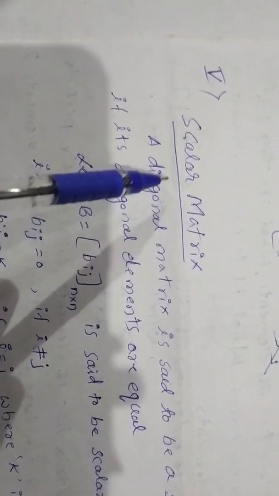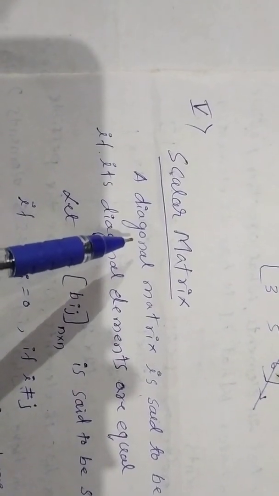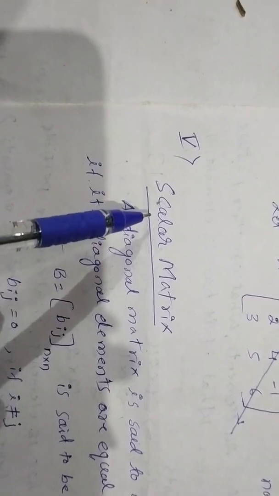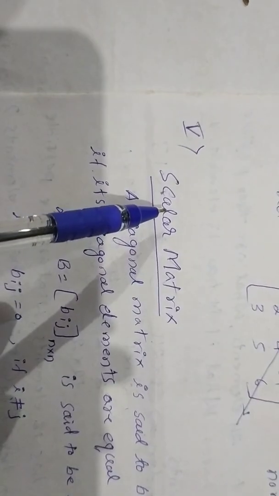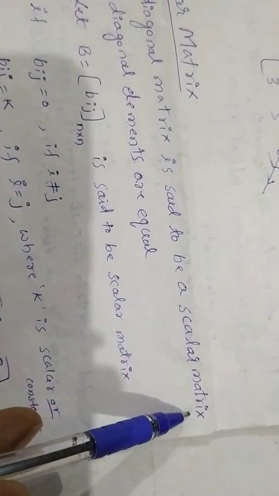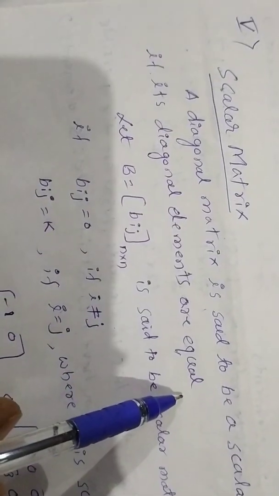Please remember, a scalar matrix is nothing but a diagonal matrix. You already defined what a diagonal matrix is. Here the word scalar means constant.